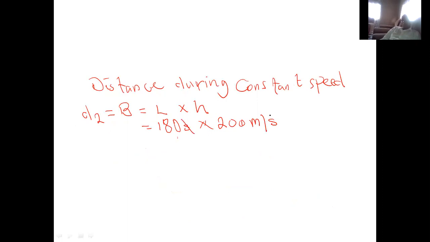So this second and that second cancel. It gives us 180 multiplied by 200, which is 36,000 meters as our distance number 2, when the object was moving with constant velocity.